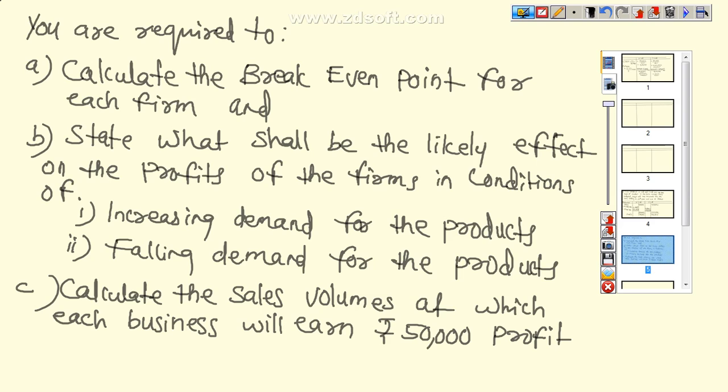Next we have to state what shall be the effect on the profits of the company in case of increasing demand and falling demand. Demand is based on our sales, so we have to increase or decrease. If any percentage is not given, we can assume.